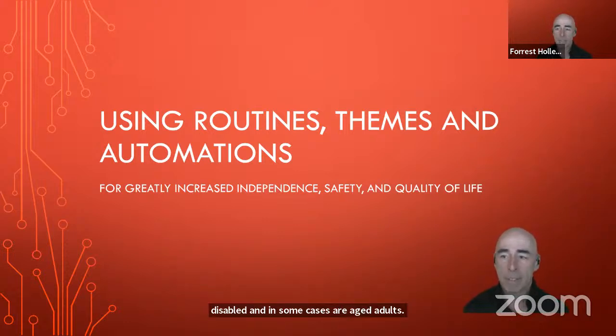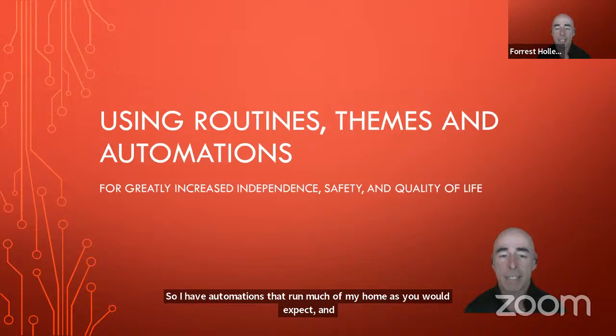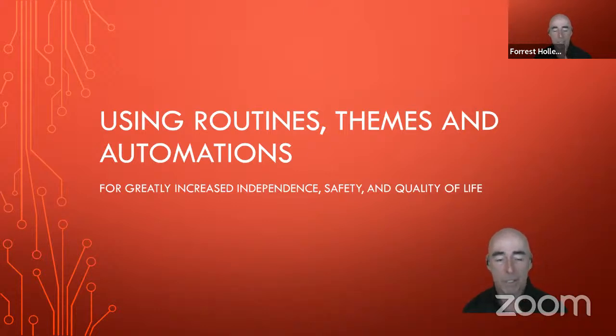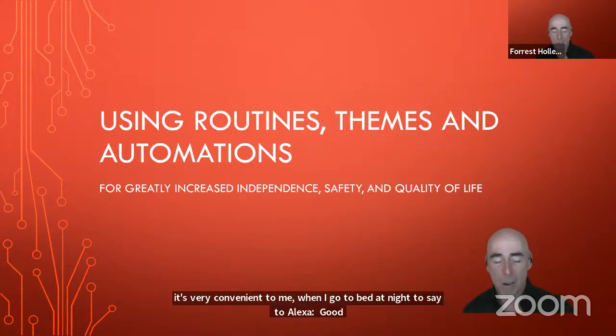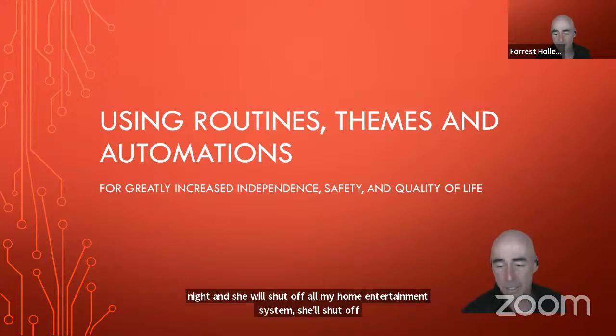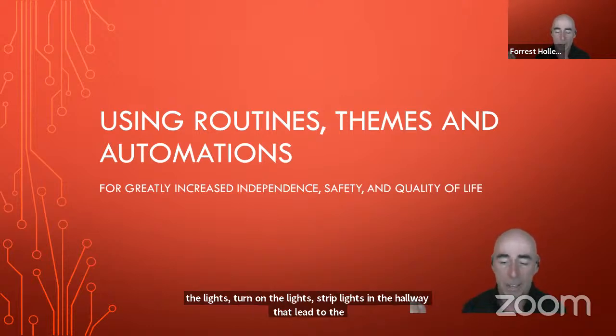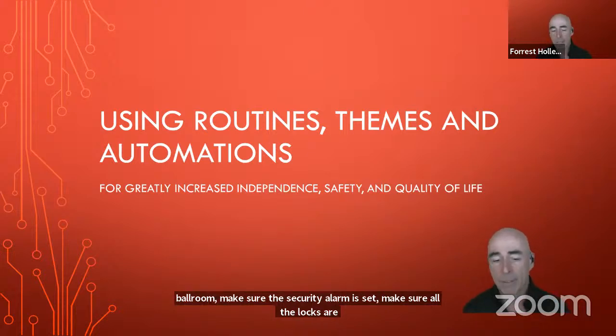I have automations that run much of my home, as you would expect, and it's very convenient to me when I go to bed at night to say to Alexa, good night, and she will shut off all my home entertainment system. She'll shut off the lights. She'll turn on the strip lights in the hallway that lead to the bathroom, make sure the security alarm is set, make sure all the locks are set. That's convenient. I can do those things myself, but I just find it convenient.